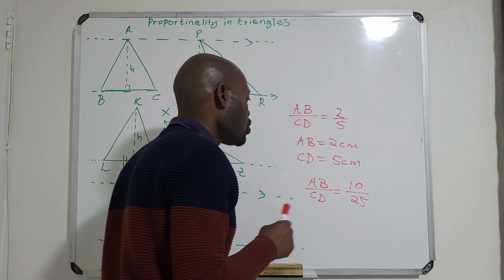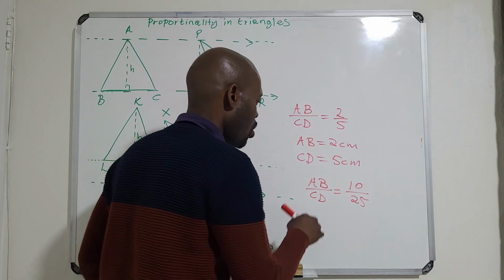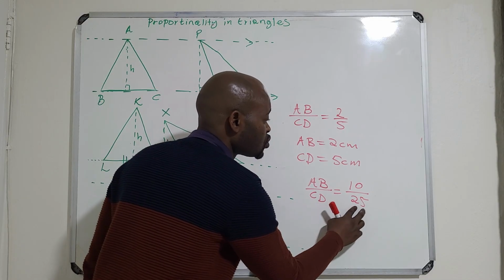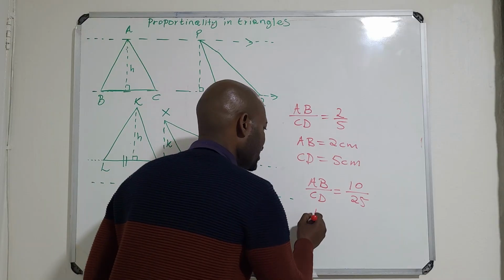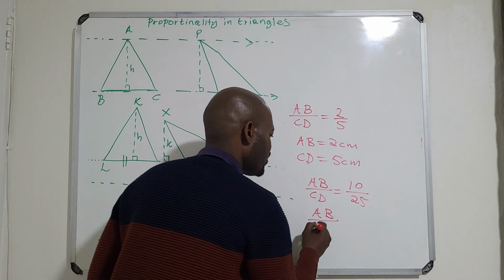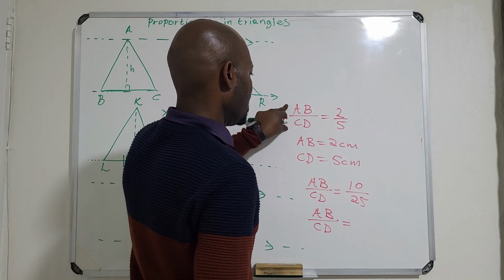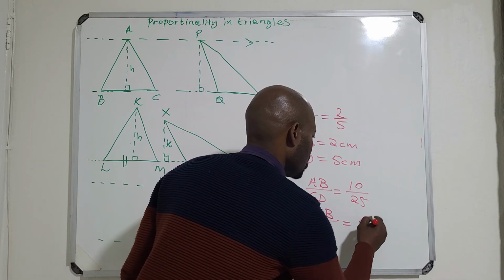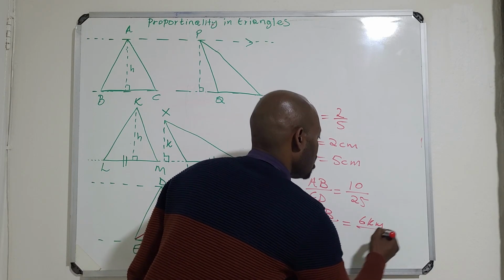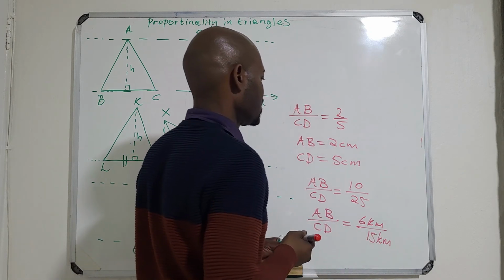It could also mean that AB is 10 meters and CD is 25 meters. Also, AB over CD can mean 6 kilometers over 15 kilometers.